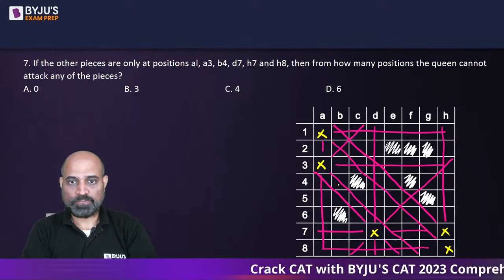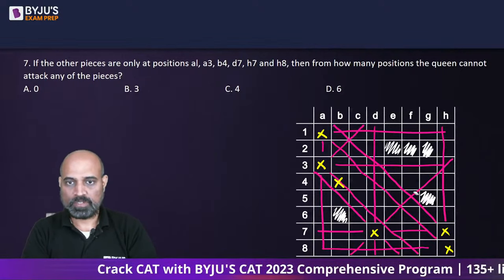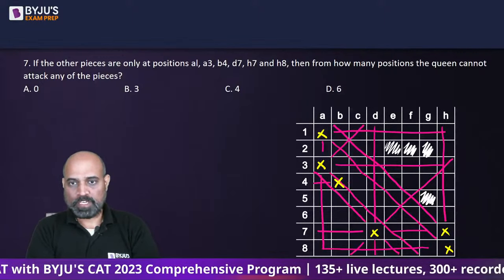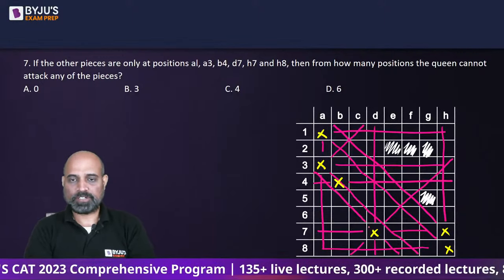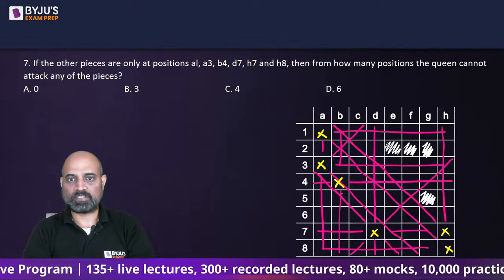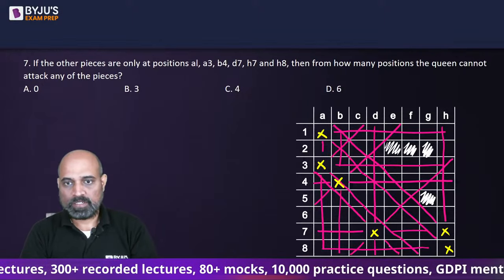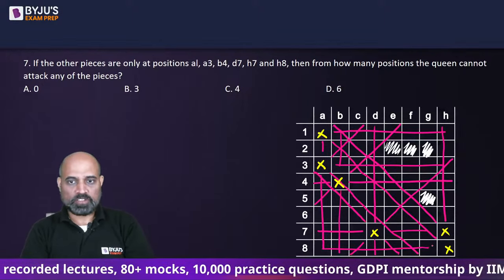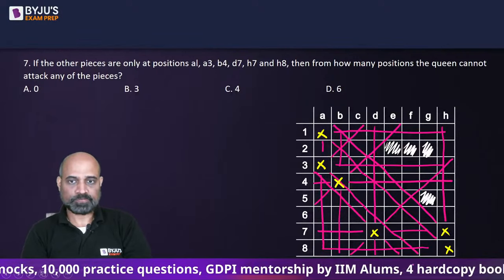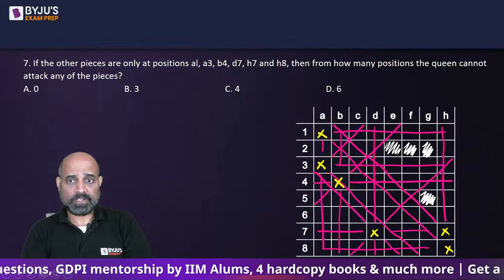So B4 was missed. Now because of this B4, we won't be able to take this particular row and this particular column, and the diagonal is obviously already used. Okay, so we can see all the cells getting struck out except for these four. D7, H7, H8.